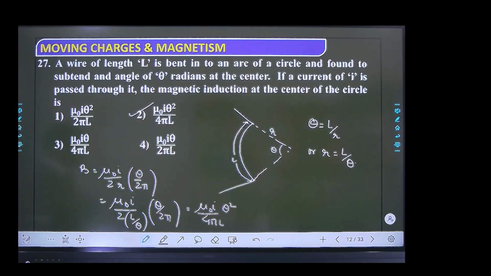Clear है कैसे किया? Same in terms of R, you have to use in terms of L, because length of arc दिया है. Clear है?